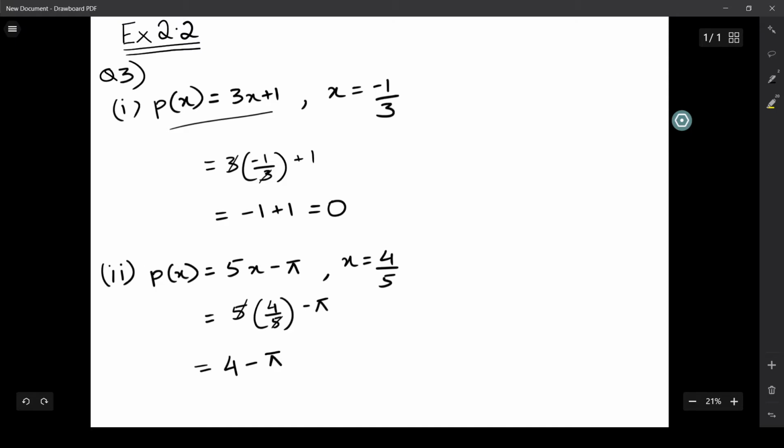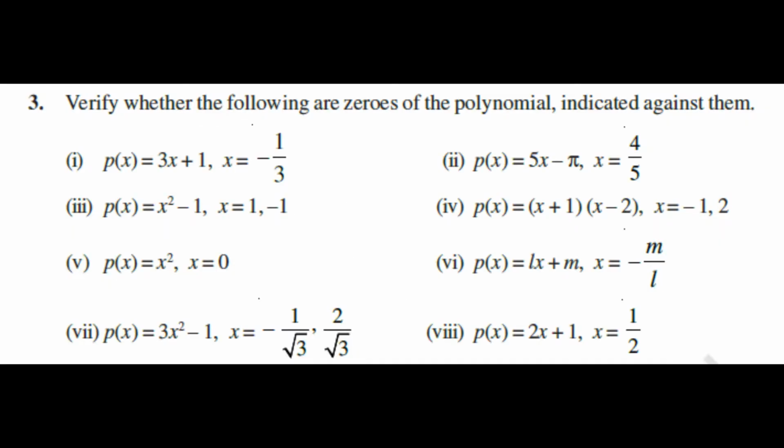This gives us 4 minus pi. 4 minus pi is not equal to 0, and hence this means that x equal to 4 by 5 is not a zero of this given polynomial.